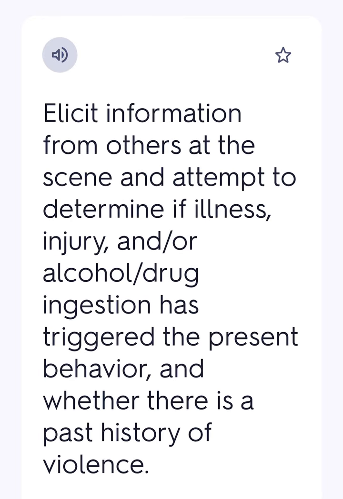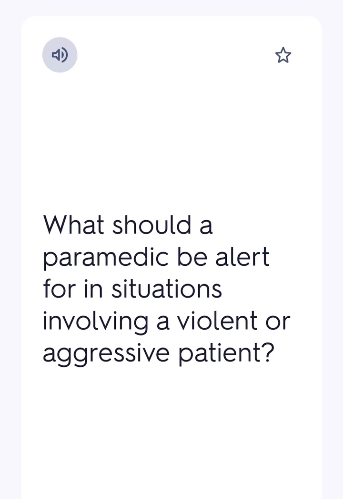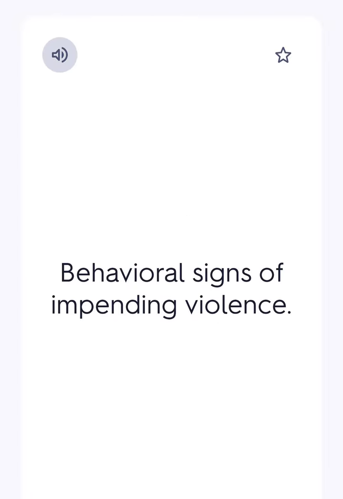Elicit information from others at the scene and attempt to determine if illness, injury, and/or alcohol/drug ingestion has triggered the present behavior, and whether there is a past history of violence. What should a paramedic be alert for in situations involving a violent or aggressive patient? Behavioral signs of impending violence.